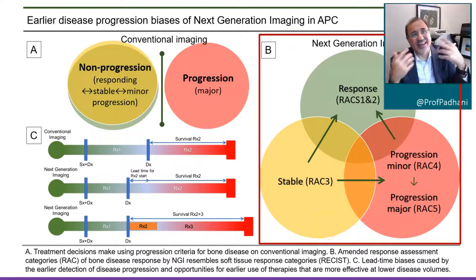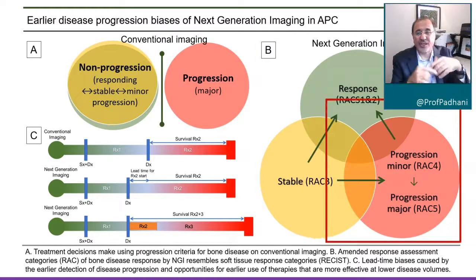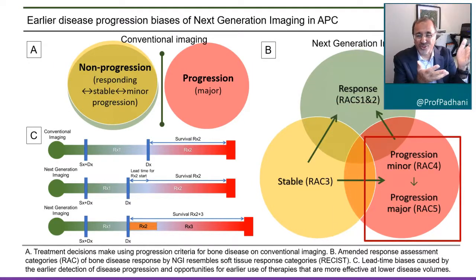Now, within the progression category, you can pick up microprogression and gross progression. And because you can pick up microprogression at an earlier time point, that also results in a lead time bias.